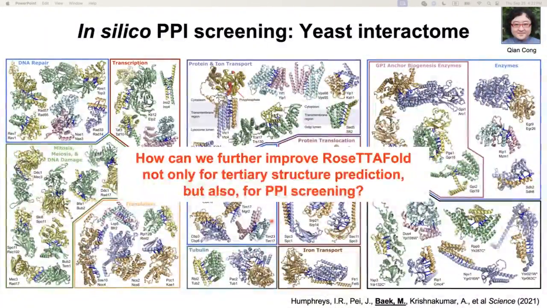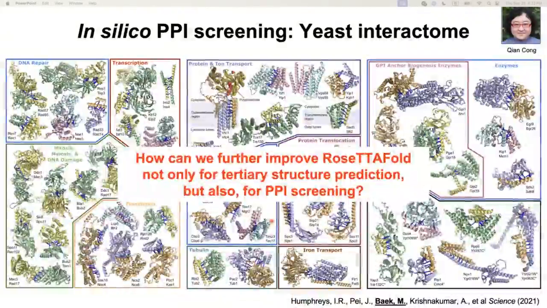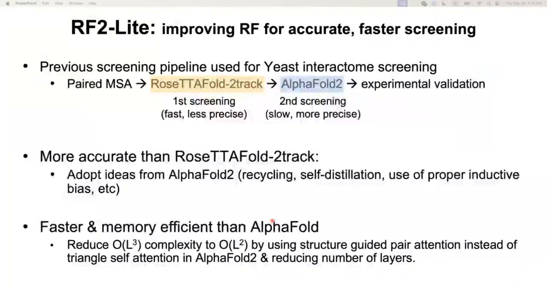And in our yeast PPI prediction project, one of the bottlenecks was computational efficiency. RoseTTAFold was fast, but less accurate than AlphaFold 2. And AlphaFold 2 was accurate, but computationally expensive. So we developed RoseTTAFold 2 Lite, or RF Lite for short, basically an optimized version of RoseTTAFold specifically designed for faster and more accurate PPI screening.